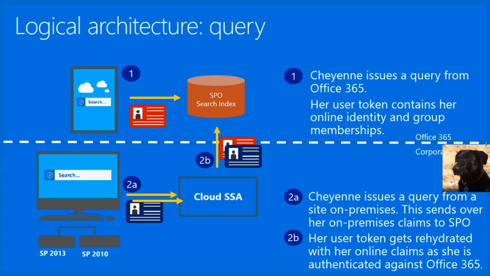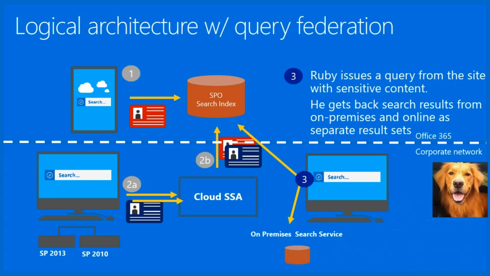Now, this is if you work in an environment where you have the ability to simply use a single search service application with all of your content in the SharePoint Online Index. If you work in an environment where they will not let you put some of your corporate content into the SharePoint Online Index, you can still do this.